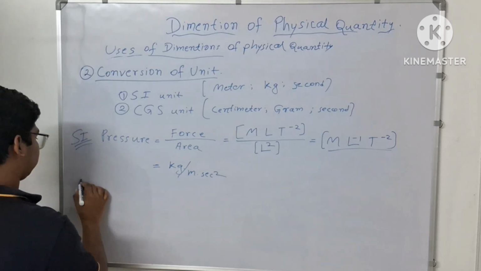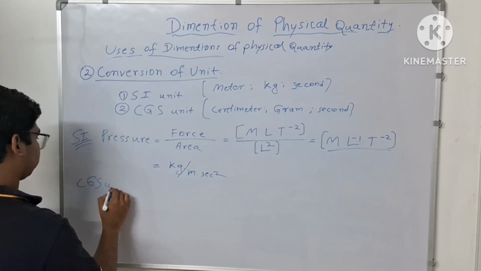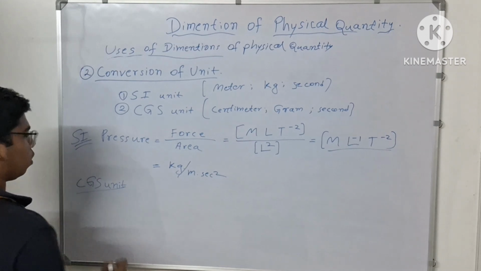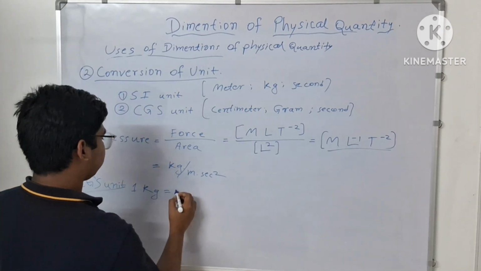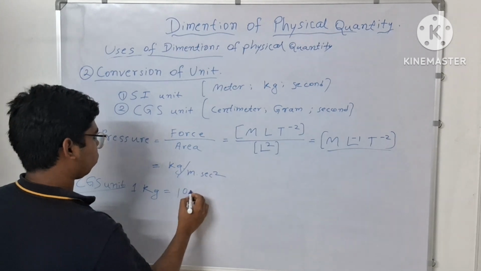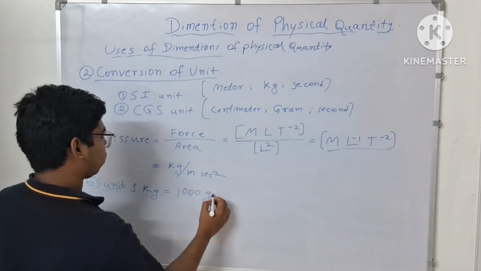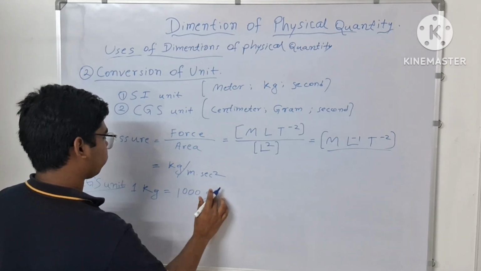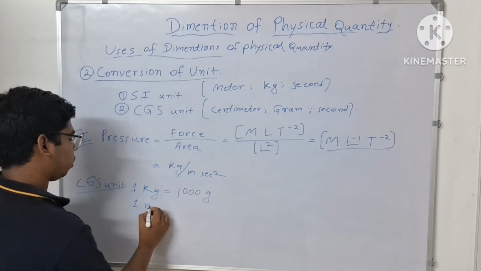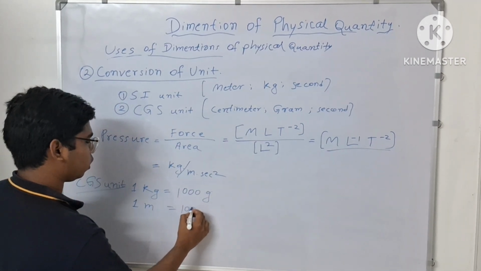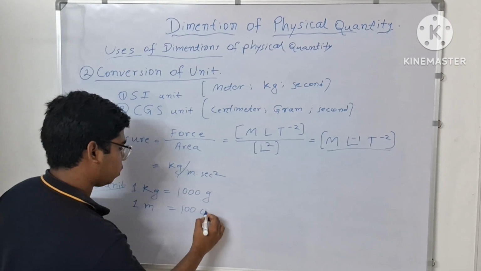If we take CGS unit, we need to convert kg to gram. So we know 1 kg is equal to 1000 gram and 1 meter is 100 centimeter.